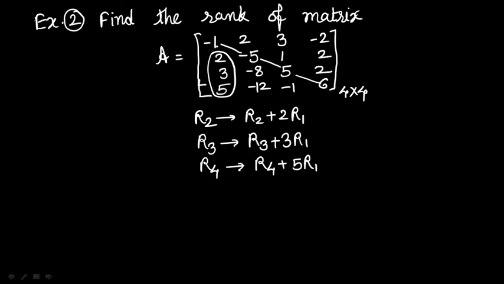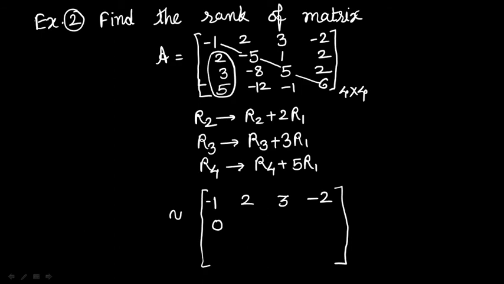Now whenever the signs of these two are different, we use a positive sign in the operation. If the signs are the same, that means negative negative or positive positive, then in the operation we give a negative sign. Now A becomes: first row as it is, -1, 2, 3, -2.